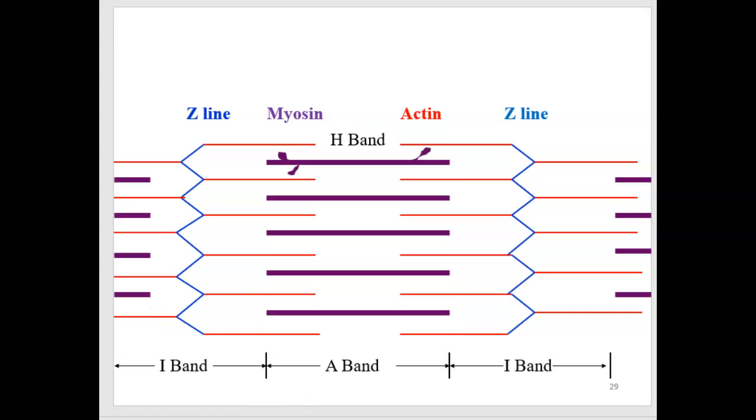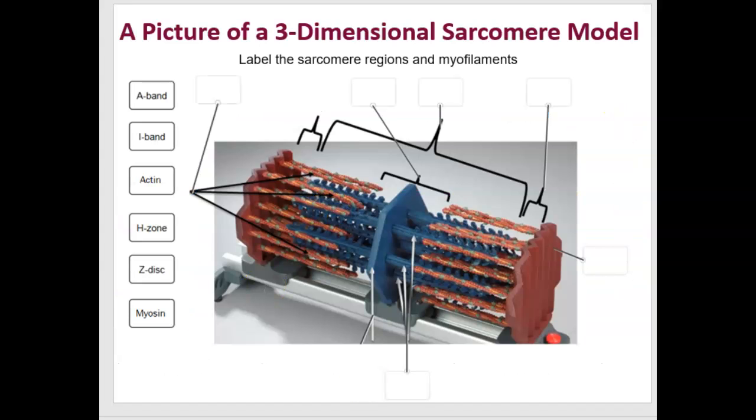And then also present on these slides, I'm just going to let you know that I posted this exercise. It's a picture of a three-dimensional sarcomere model, and you can print it out if you want to and practice labeling, or you can just look at it and do it. We obviously don't have these to give to you, but they're made out of plastic and wood, and it shows two Z discs at the end of a sarcomere.